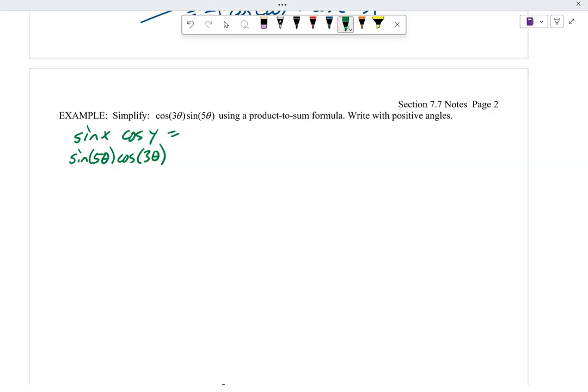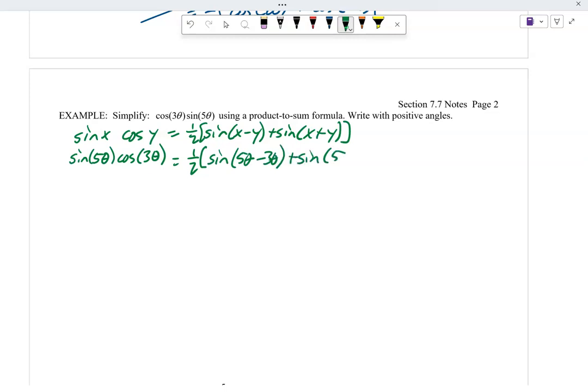Sine x cosine y is 1/2 [sine of (x minus y) plus sine of (x plus y)]. And we have our x here is 5 theta. And there we go.